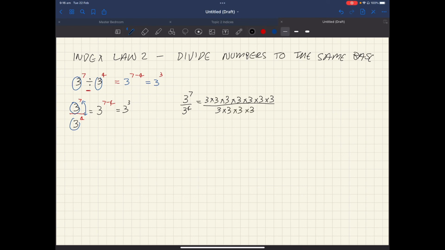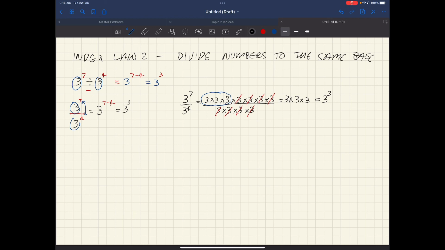Now what I can do is cancel down. The last 3 on each row can cancel with each other. Second last 3, and so on. What that does is leaves us on the top line with 3 times 3 times 3, which we can write in index form as 3 to the power of 3. You can see that is the same answer as I had before.